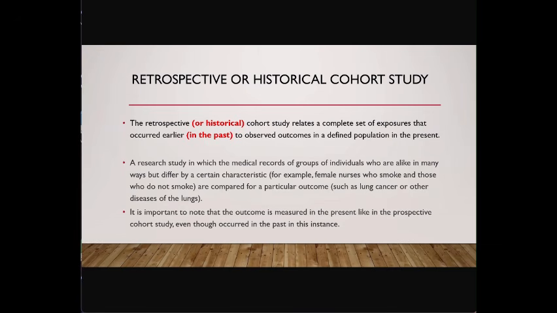So historical cohort or retrospective cohort is the same thing as cohort, which means as at today, we do not know the disease yet, but what we know is the exposure. Having known the exposure, we want to determine the disease. So we can tweak it this way.